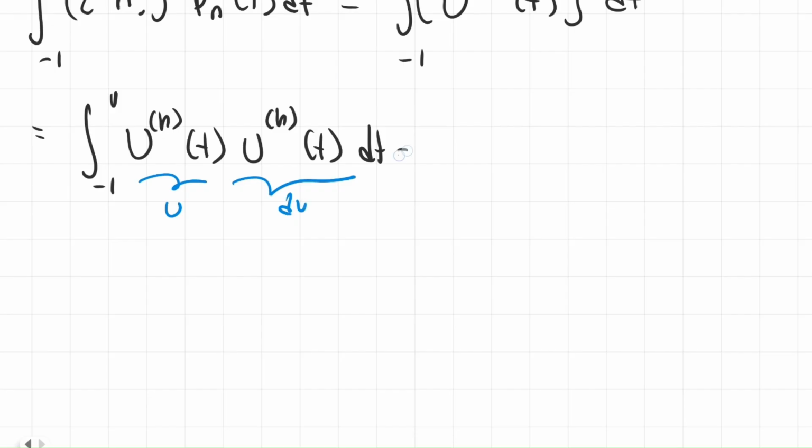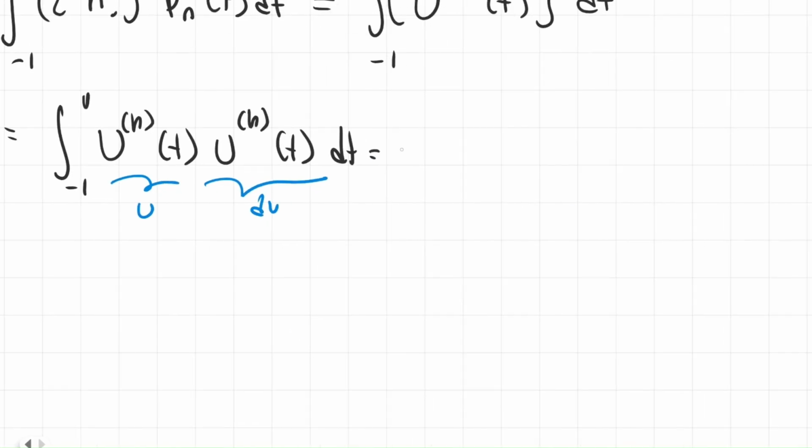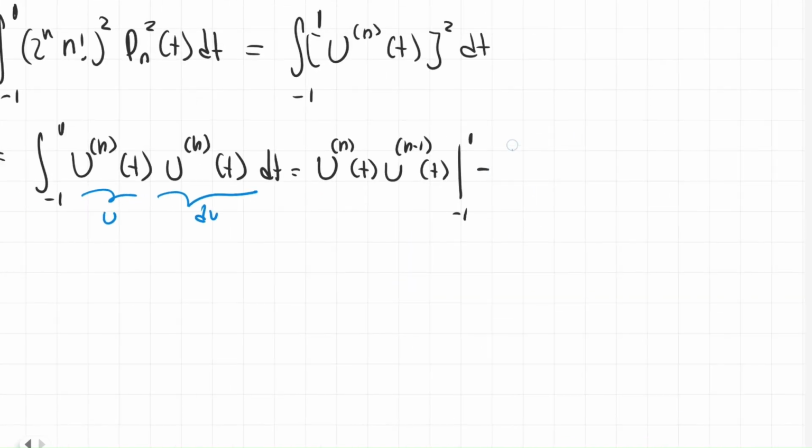Okay, in this way, it doesn't matter what we are going to name as u. So this will be equal to u, which is u to the n of t, times dv, which is u to the n minus 1 of t, evaluated from minus 1 to 1. And then minus the integral from minus 1 to 1 of the derivative of u, right? So this will increase the index here to n plus 1, and then the t here, and we will have u to the n minus 1 of t dt.